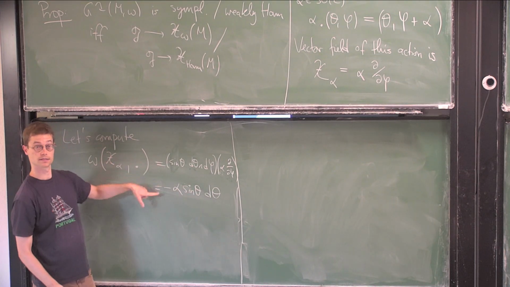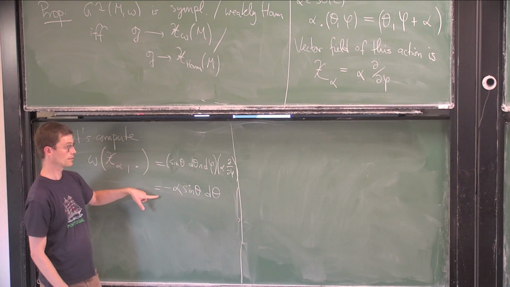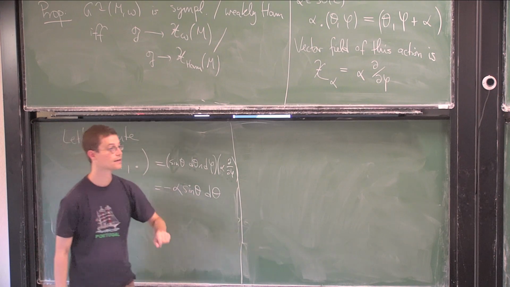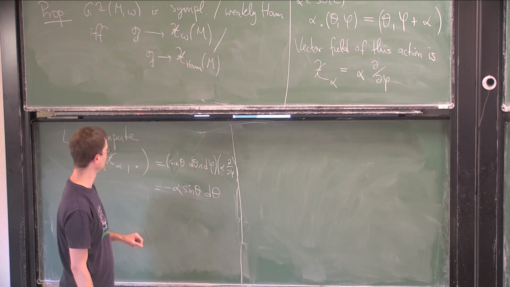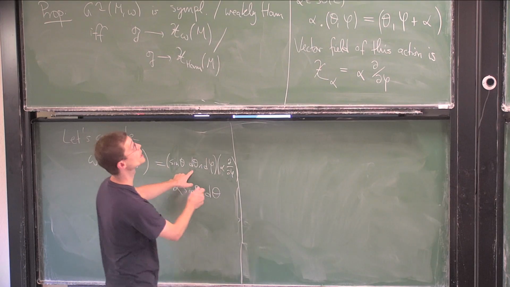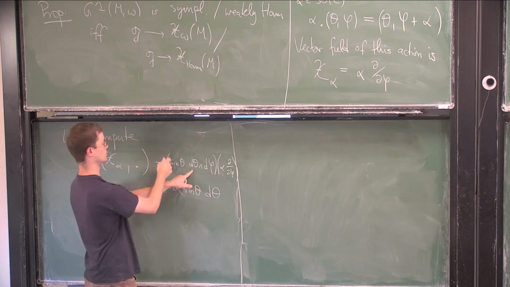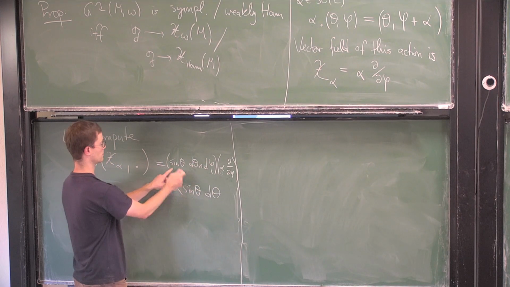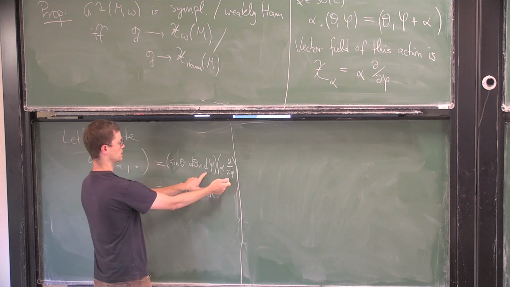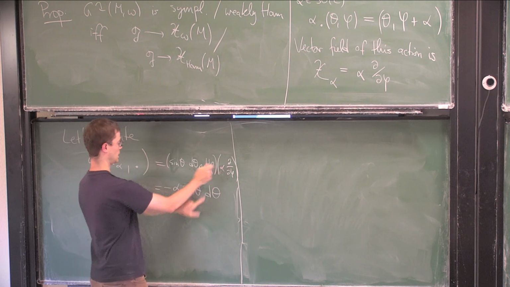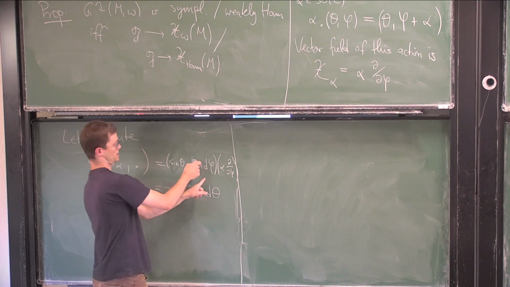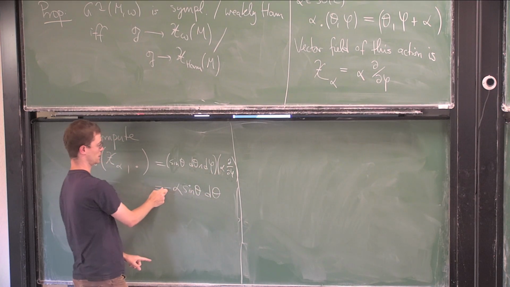Everybody's okay with this? Wasn't it d theta with sine theta? Yeah, but I mean the sine is like a constant. You can put it out. So the sine is a constant, and when I act d phi on this object, you get alpha. And since it's the second entry, you have this minus sign.